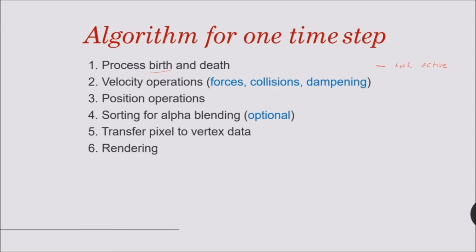Okay. Right, so the velocity operations, of course, if you are using something with physics, you may address these things right here: the force, the collision, and the damping, right? What is damping? Well, the best way I can introduce damping is a pendulum, right?